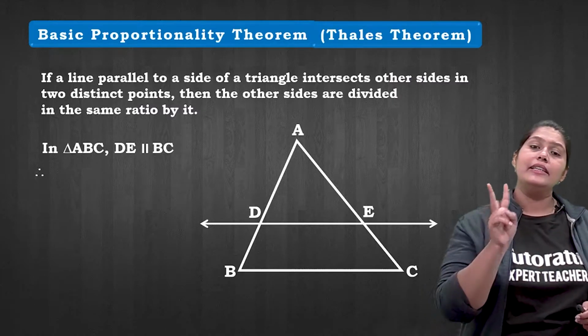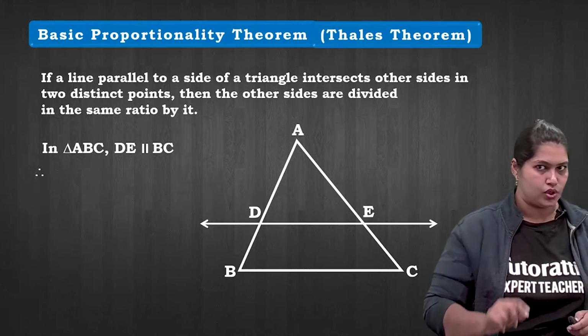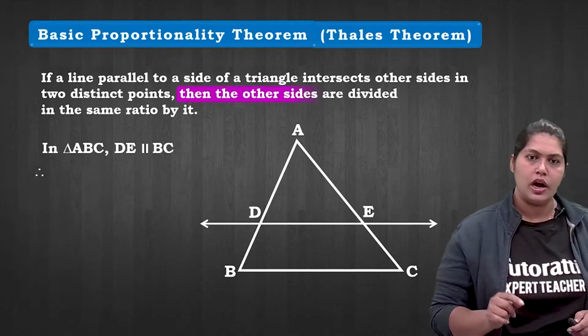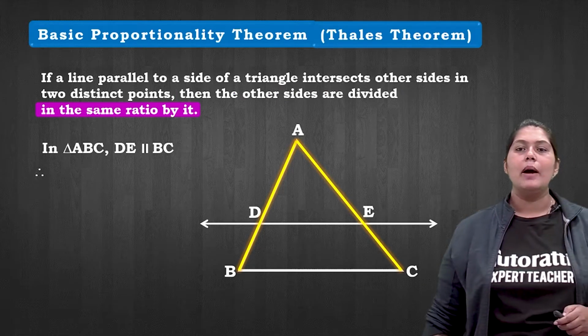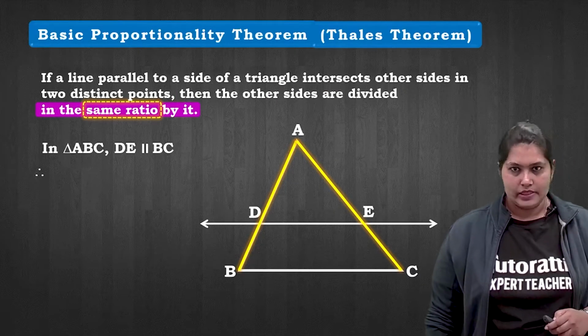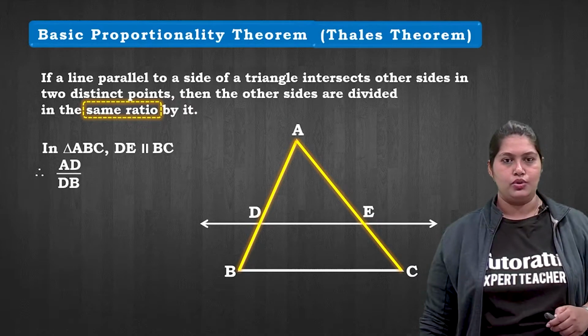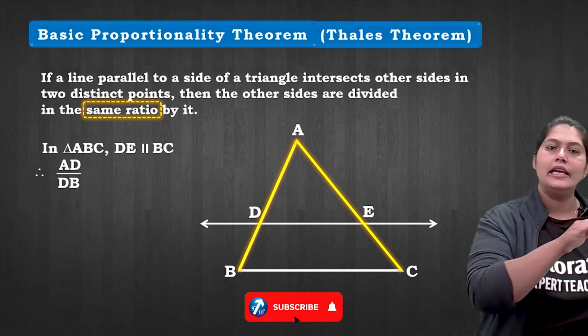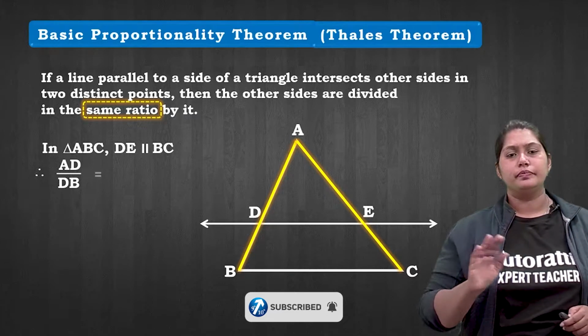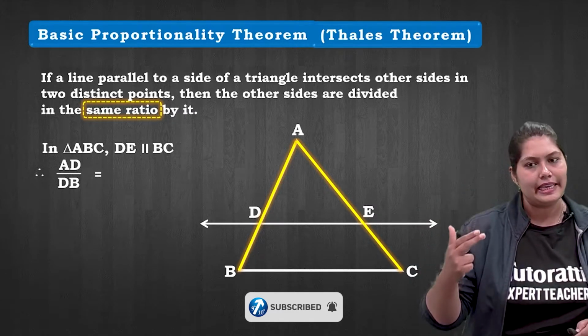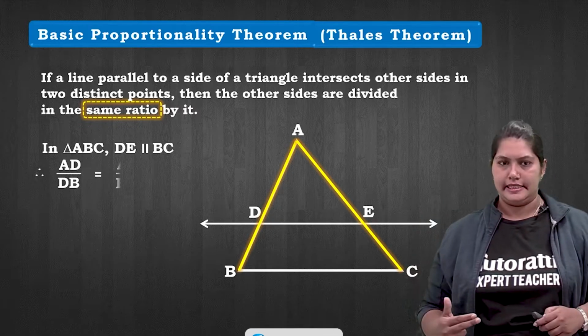It's going to divide the other two sides in the same ratio. When we talk about ratio, how do we write, children? We write AD upon DB. Isn't it? It's the same ratio. So AD upon DB should be equal to the other side, that is AE upon EC.